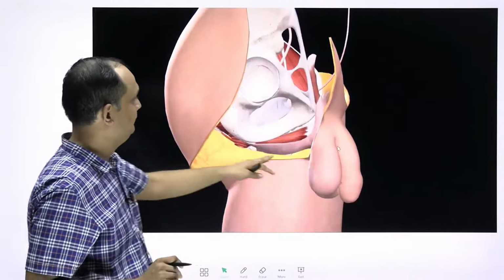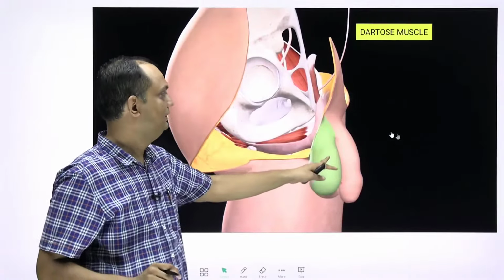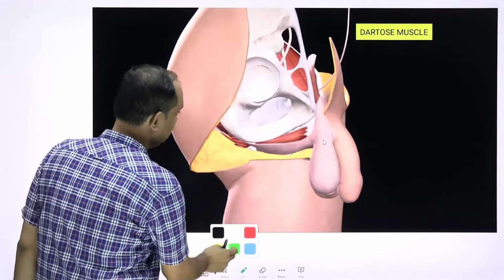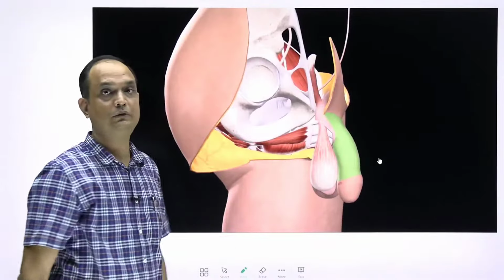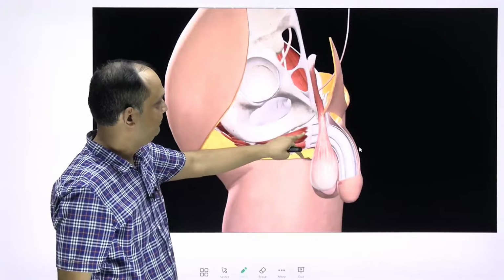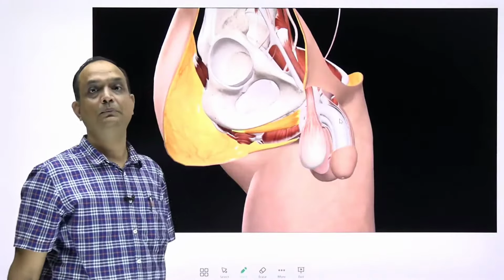Now suppose you remove the skin of the upper part of the thigh, the scrotal skin and the penile skin, you are able to appreciate a layer, and this is your Colles fascia. Now if we remove the Colles fascia also, you will find the muscles, and you will find the crura which are entering into the penile portion.